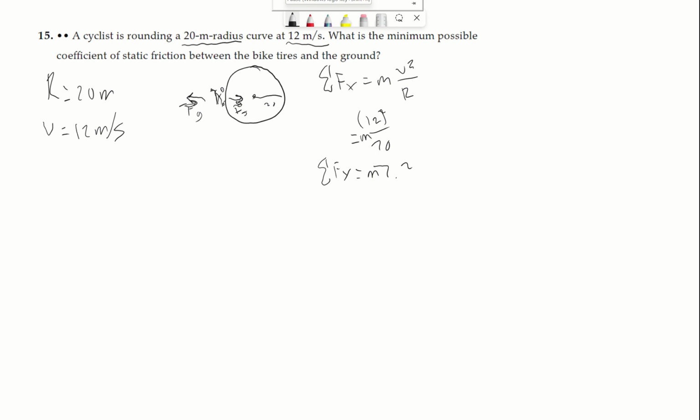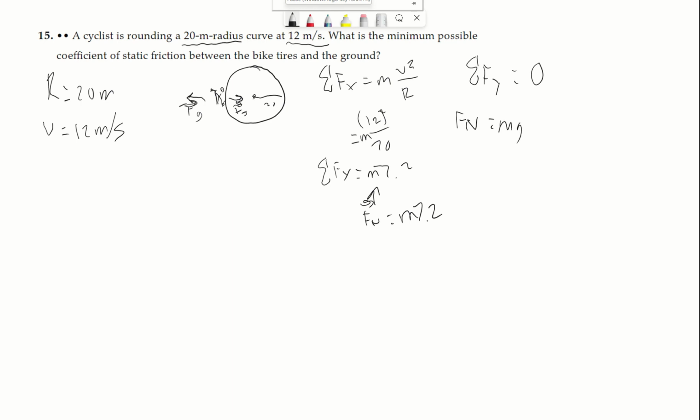We also have to find the forces in the y direction, which, based on the problem, has to equal 0. So how we do this is Fn, the normal force, is equal to m times 7.2, and it has to equal mg.